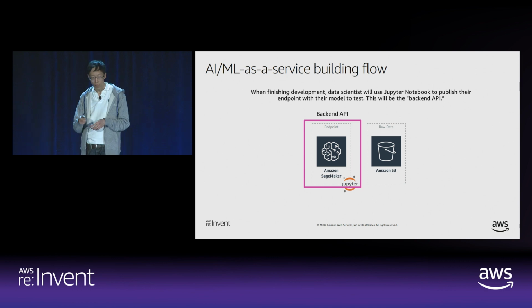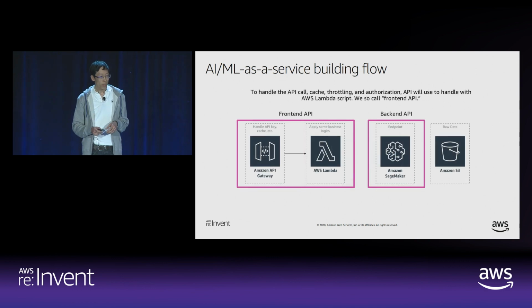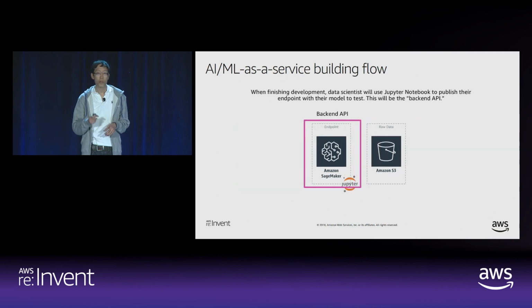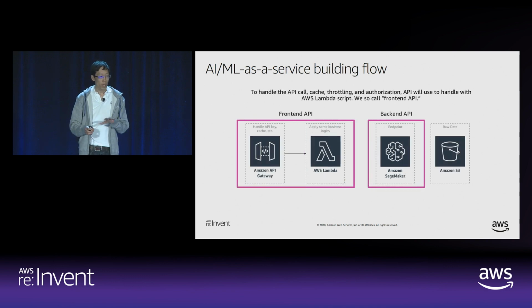Okay. But for the backend API, it means SageMaker doesn't have authorizations, it doesn't have some kind of caching, it doesn't have some kind of method that is going to optimize the API call.